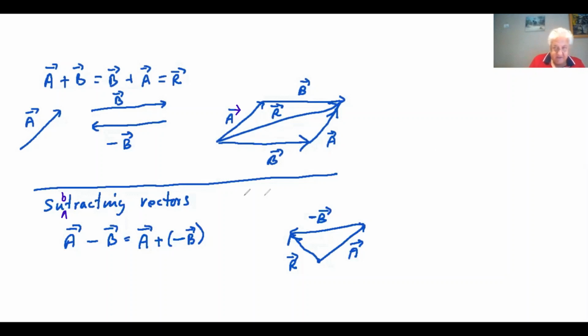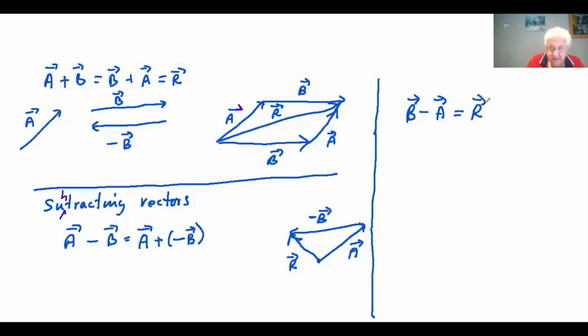Let me try the other way around. Let's see what happens if you try B minus A equals R. This time I take B and I take minus A. So if I take B, minus A is now down this way.